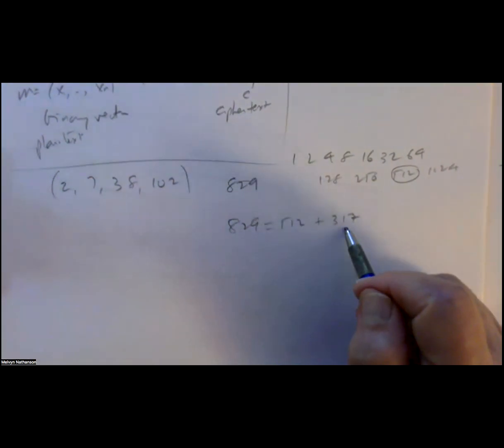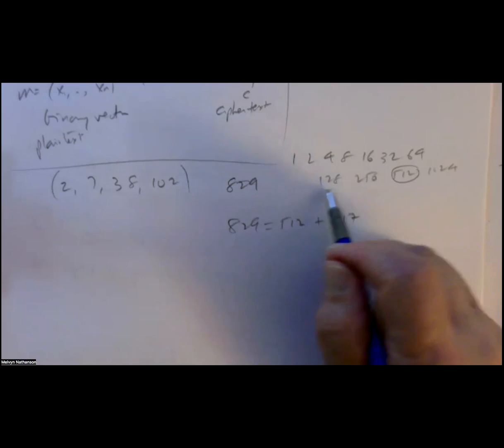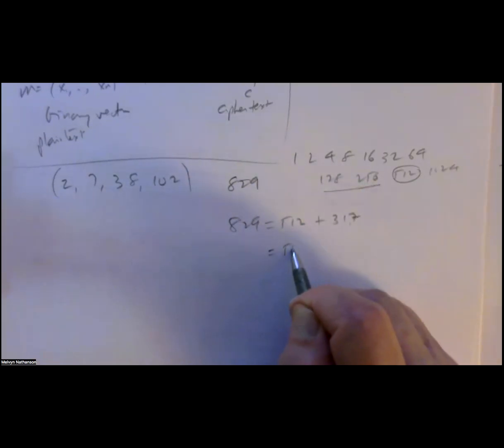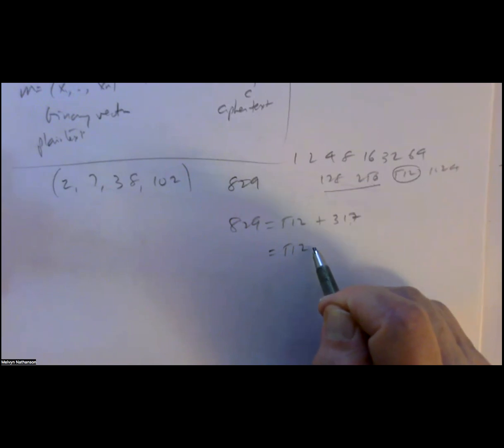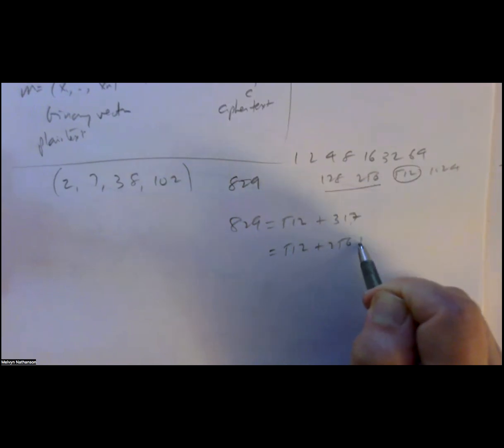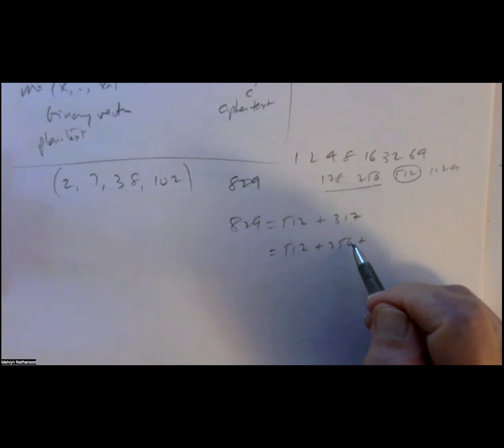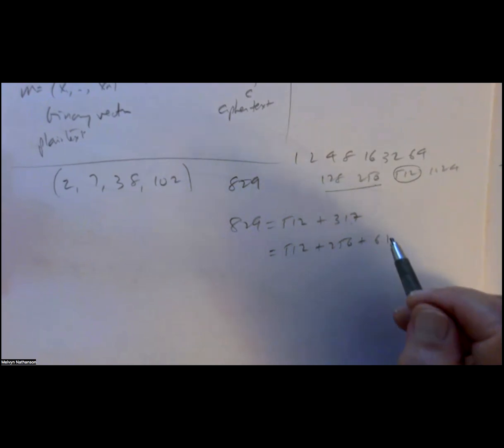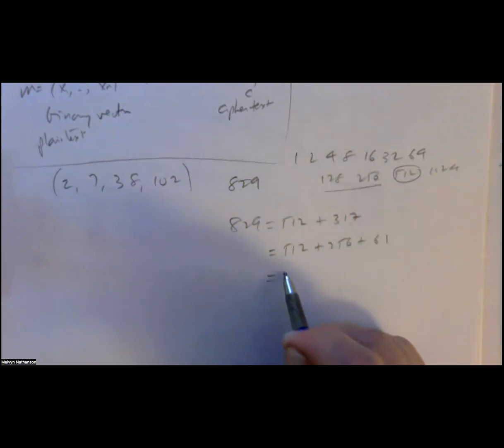You pick the largest power of 2 not bigger than 317. That's 256. So this is 512 plus 256 plus 61, I think. What's the largest power of 2 not bigger than 61? It's 32.